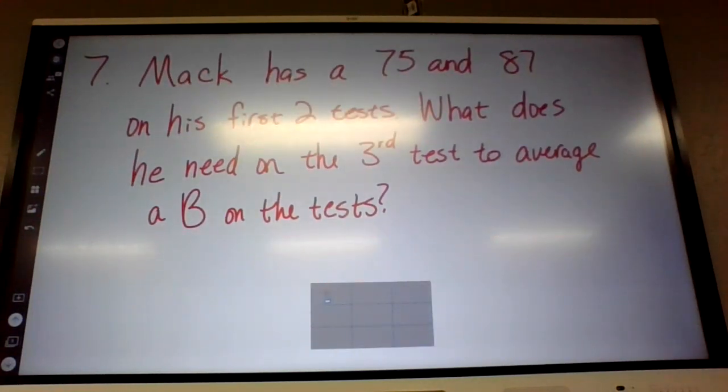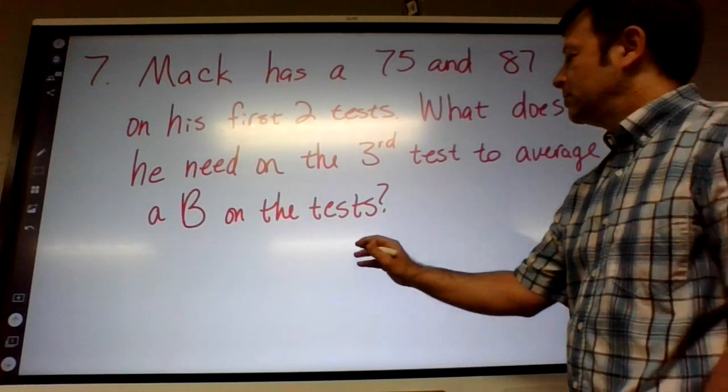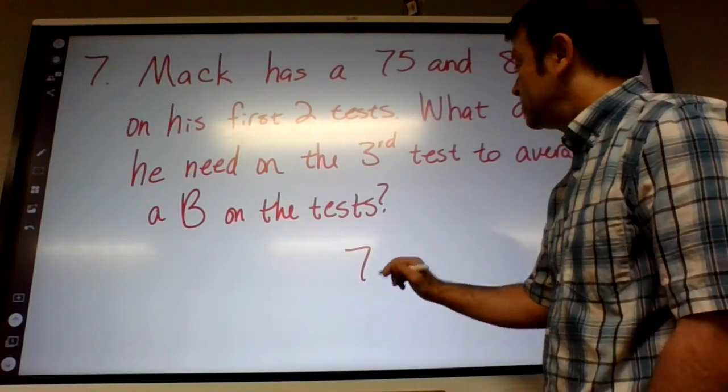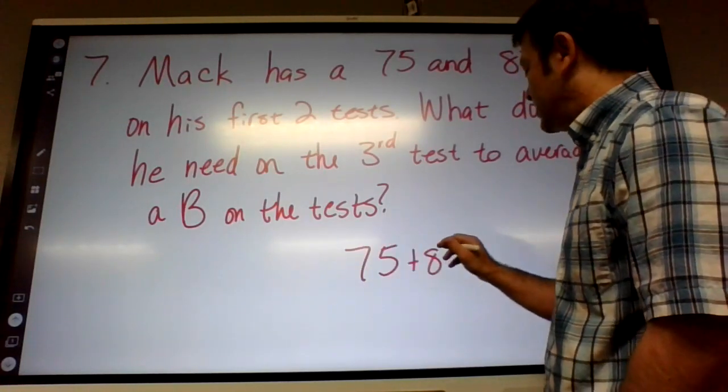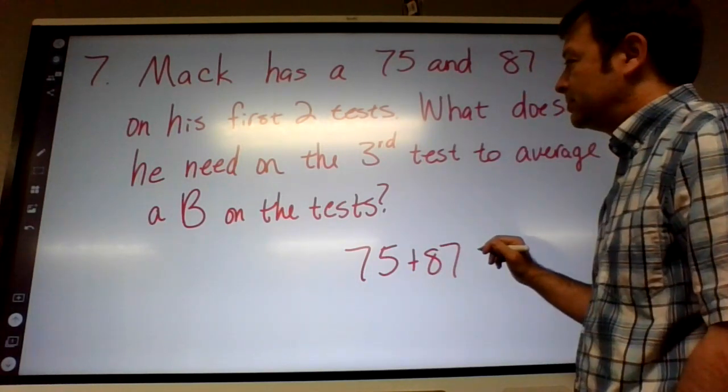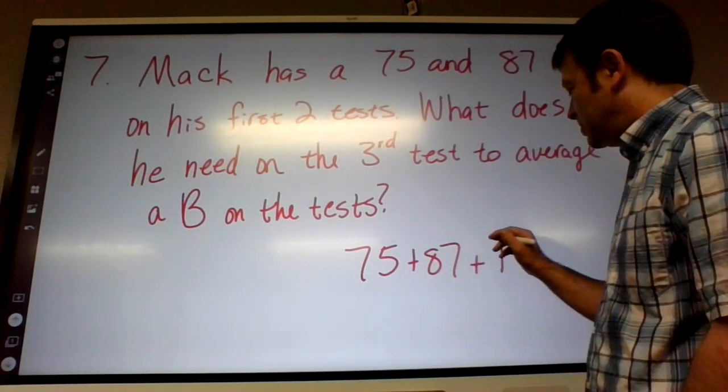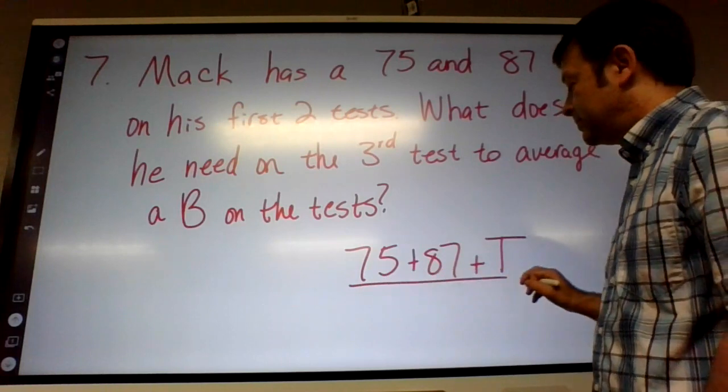Alright, you guys remember how to do this one? Yep. So how do we average three numbers? Okay, so we got a 75, an 87, and T, unknown, divided by 3.